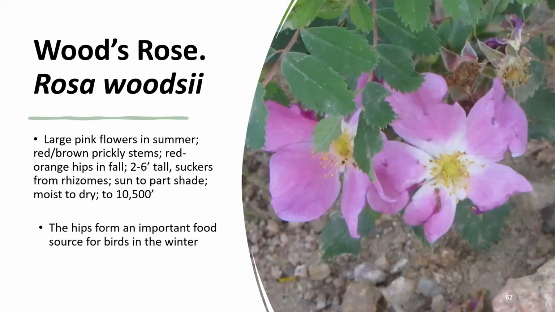Really strong rose fragrance, 5 petals, only blooms one time, but then it forms large rose hips that can feed birds in wintertime. It will grow up to 10,500 feet in elevation. This rose will spread, so if you don't want a thicket of this, this probably isn't the plant for you.